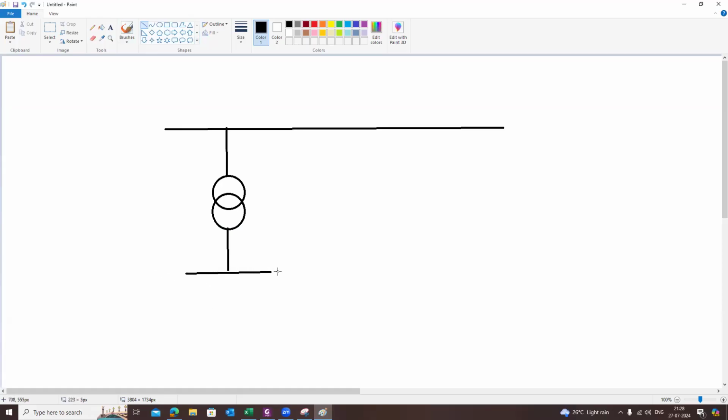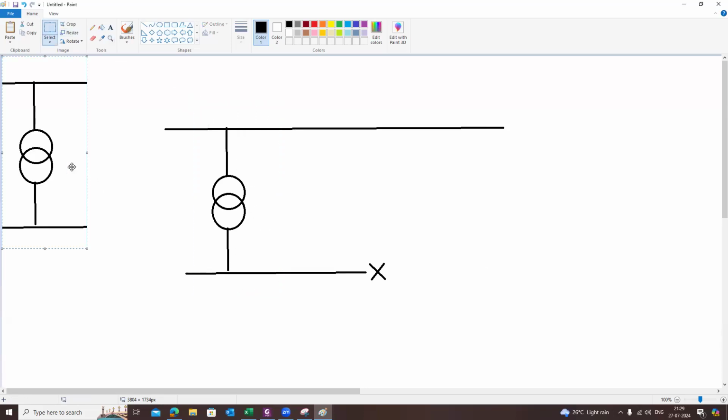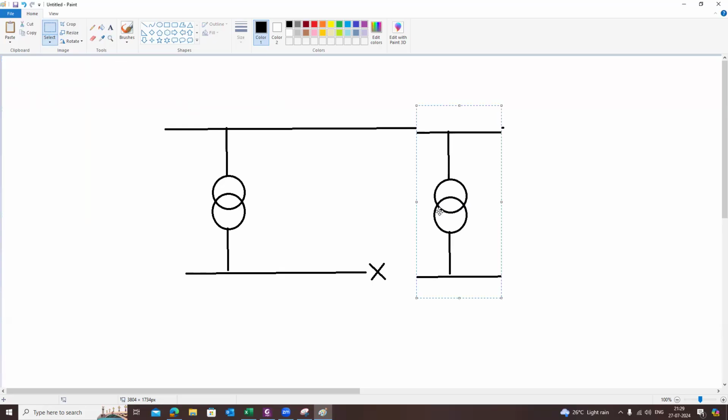So let's suppose this is giving to 1 LV bus. And here, let's suppose we have a bus coupler. It is a very simple system I'm explaining, then we will extrapolate it to the transmission network.